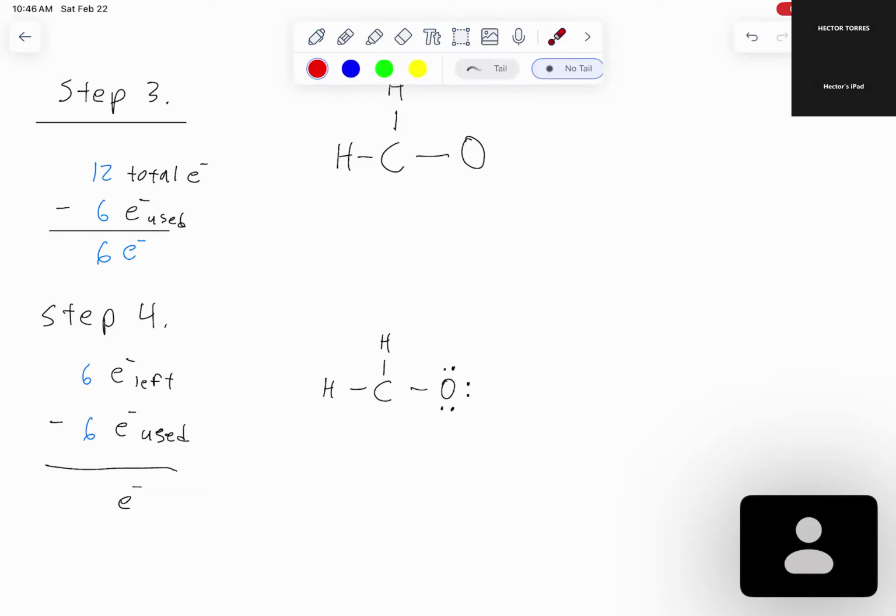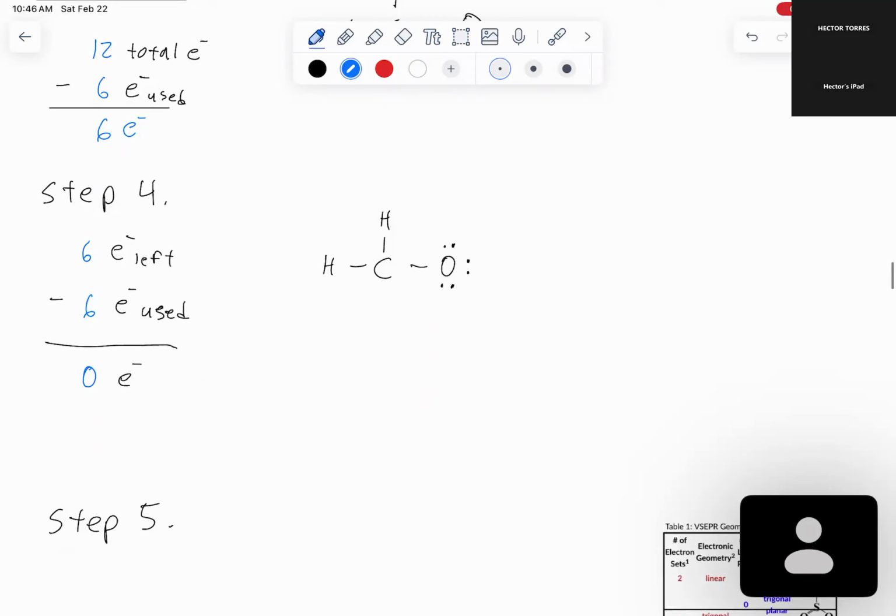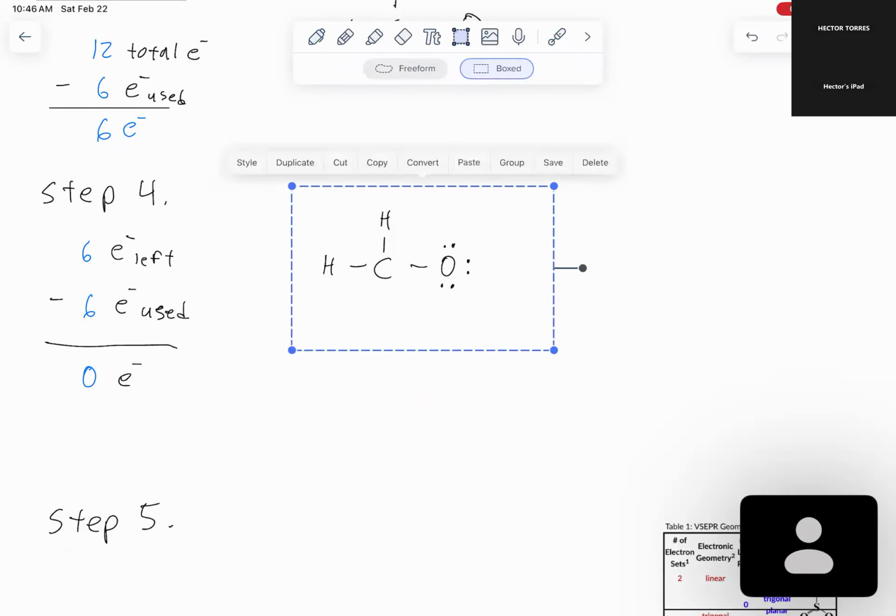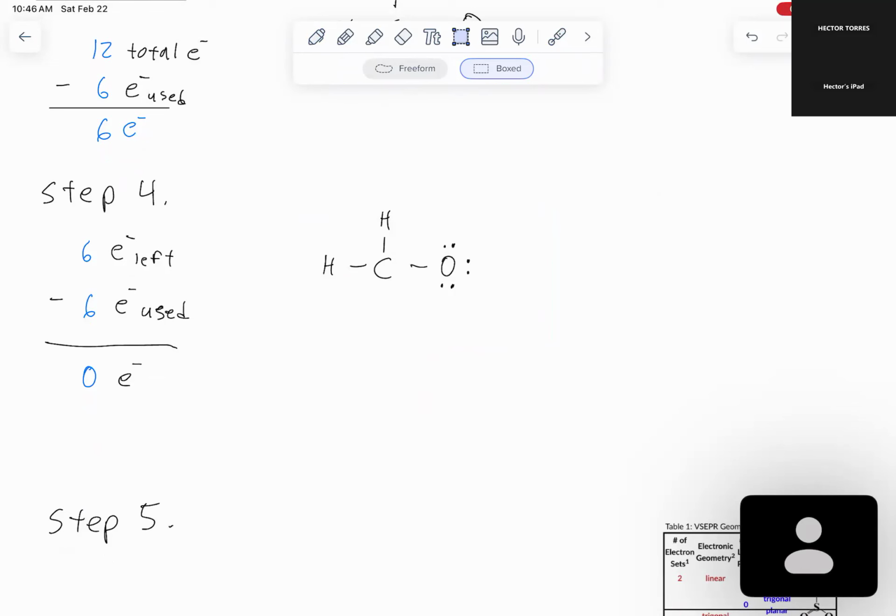So that's 6 minus 6. We used 6 around those lone pairs, so we are completely out of electrons. We have 0 left. Okay, and due to that, we're going to have to go to step 5.